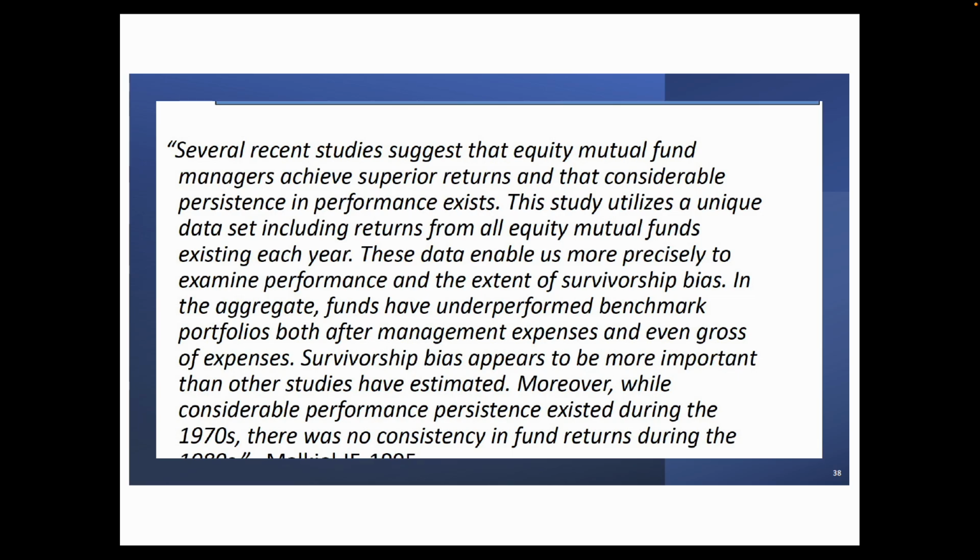And this is what this paper empirically did better than the others to account for that. So in the aggregate, funds have underperformed benchmark portfolios. So that's this CAPM thinking, negative alpha, both after management expense and even before the management fee. Now he tries to give an explanation for that. Survivorship bias appears to be more important than other studies have estimated.